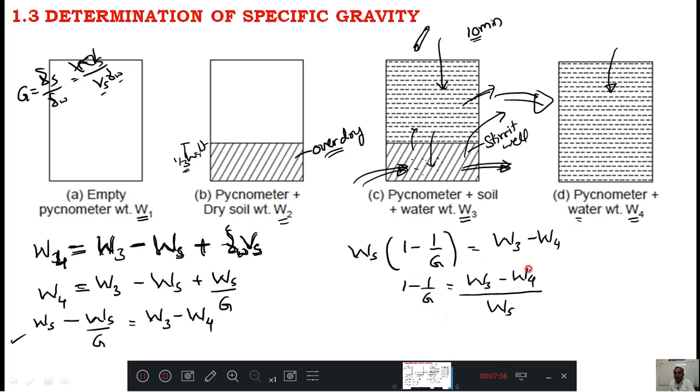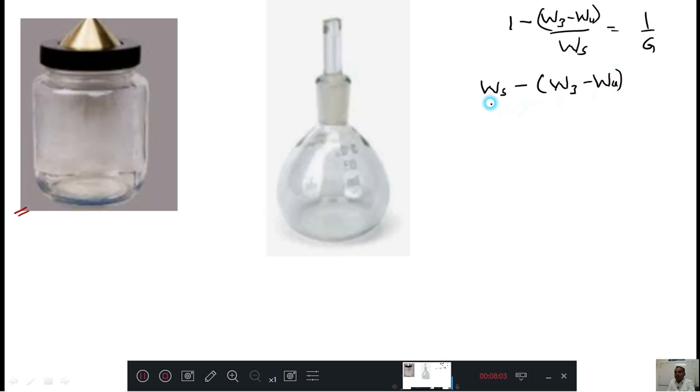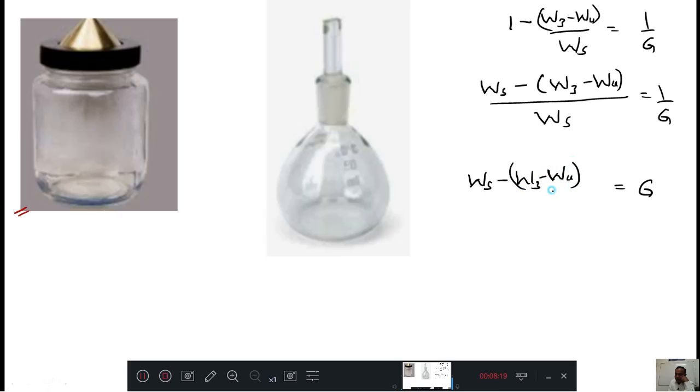Now take 1 by G to this side: 1 minus (W3 minus W4) by WS equals 1 by G. Here we will take LCM: (WS minus (W3 minus W4)) divided by WS equals 1 by G. Now reverse both sides, then you will get G equal to WS divided by (WS minus (W3 minus W4)). Okay, come back.